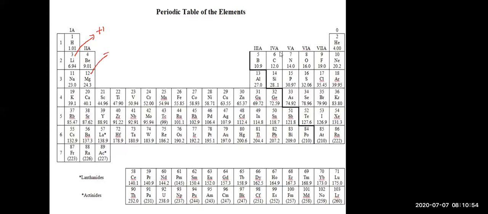Everybody in group 2 will be +2. When we come over to aluminum, it's going to be +3. For group 4, we sort of skip it. And coming backwards where our nonmetals are in the upper right, we go -3 for group number 5, and -2 and -1 coming this way for group number 7.